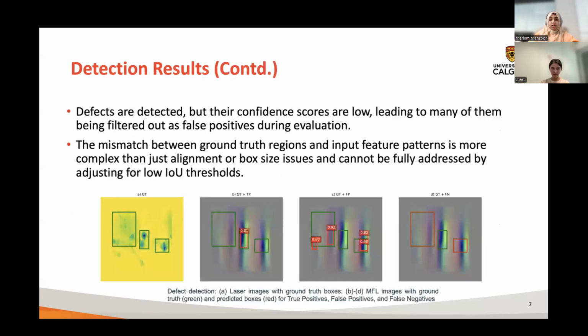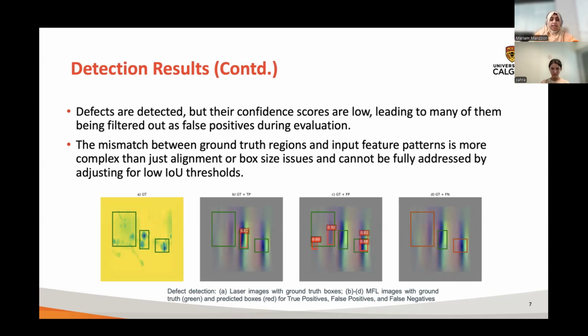One key issue, which is also visible from the sample shown in the slide, is that defects with lower confidence scores often are filtered out as false positives during evaluation. Our model is not confident in differentiating noise, which looks like a defect, from the actual defect. Moreover, the mismatch between ground truth region and input feature patterns reveals complexities beyond alignment or box size discrepancies.